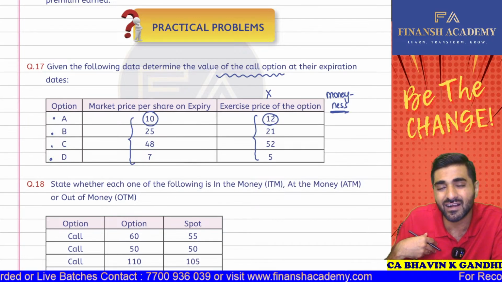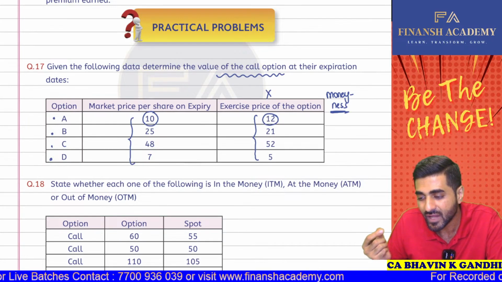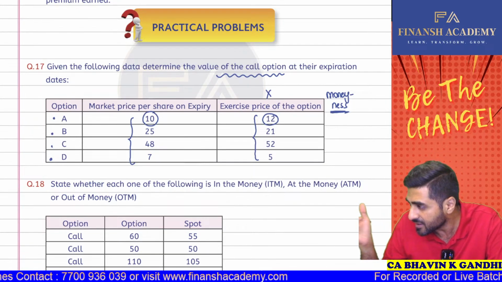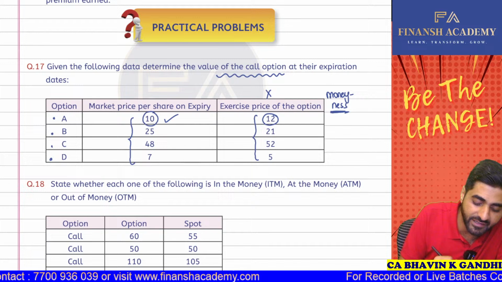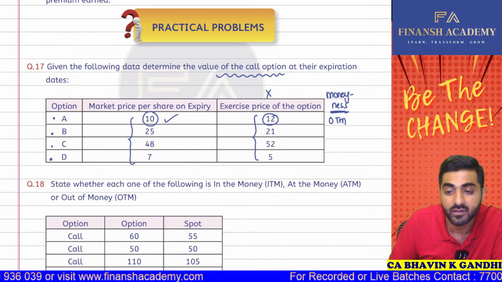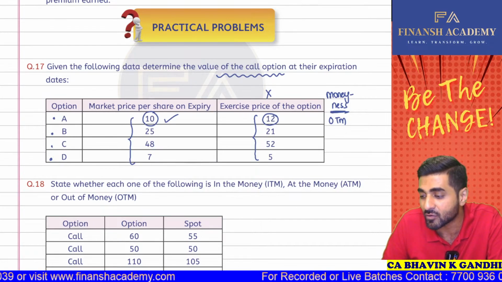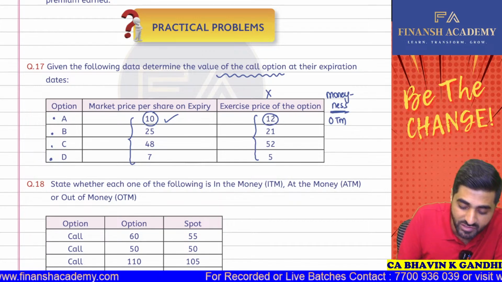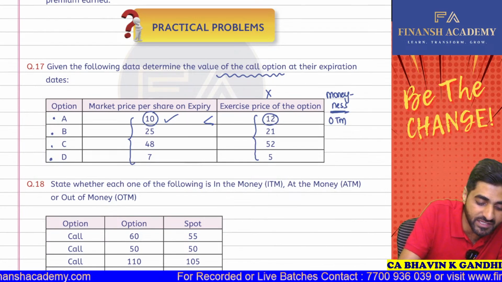I have a right to buy it at 12. And my dear students, in the market, this share is traded at 10 rupees. Can I say the moneyness is out of the money? This particular contract becomes out of the money. Come on, yes or no? Then the answer is yes. Why? Because the strike price is greater than the price on the expiry.